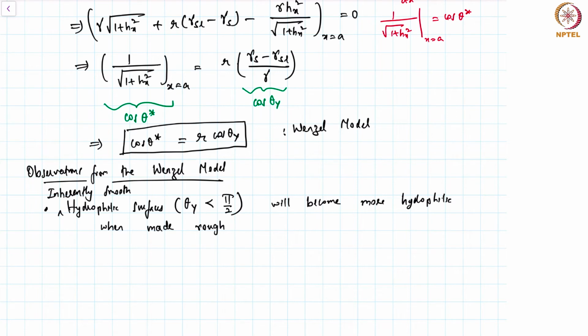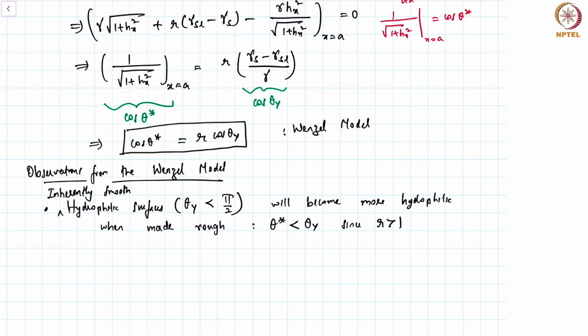This is due to the fact that theta star becomes less than theta y since r is greater than 1. So if you look at the cosine function, when the angle is 0, it's at 1, and then it's a decreasing function. So if the cosine of theta star is larger than the cosine of theta y, that's the equilibrium angle, then the only way that can happen is when theta star is less than theta y.